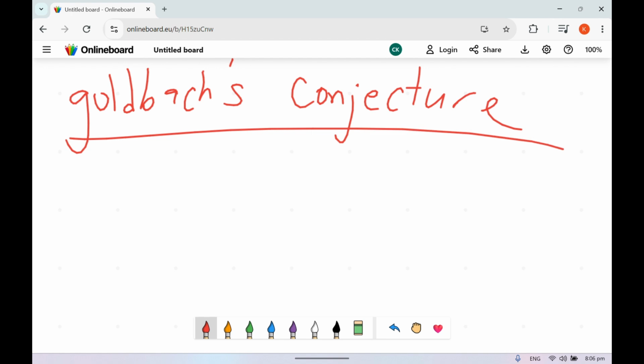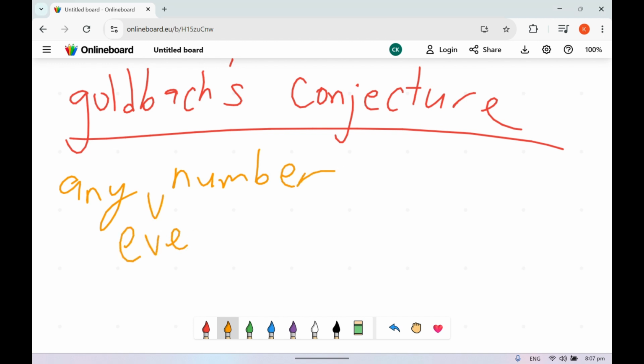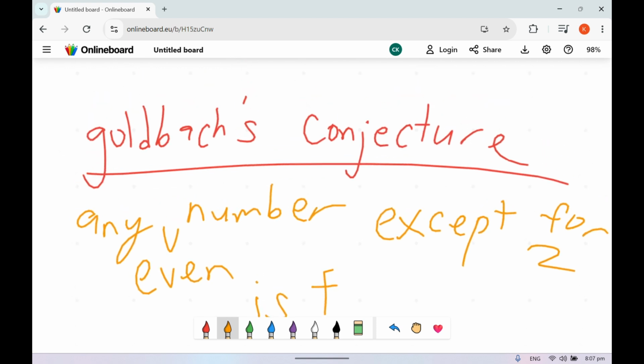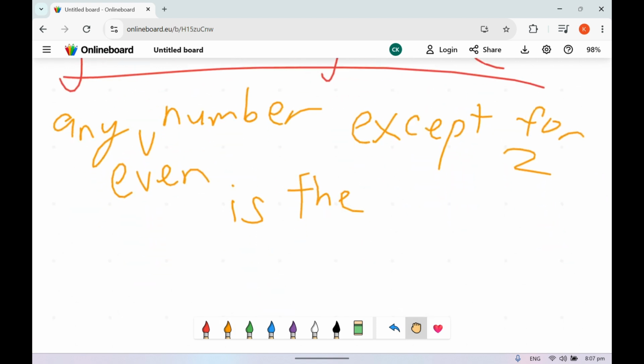Basically, this theory states that any even number, except for 2, is the sum of 2 prime numbers. What do I mean?